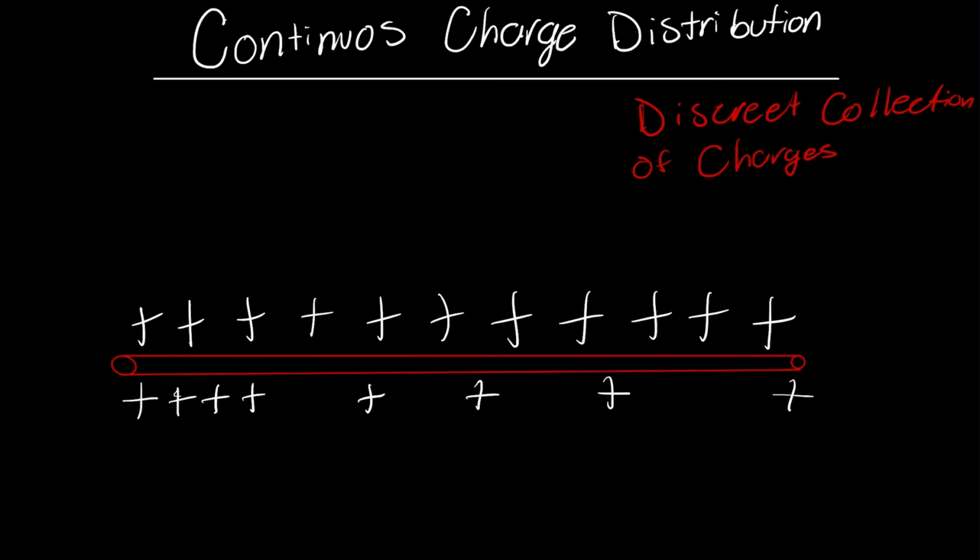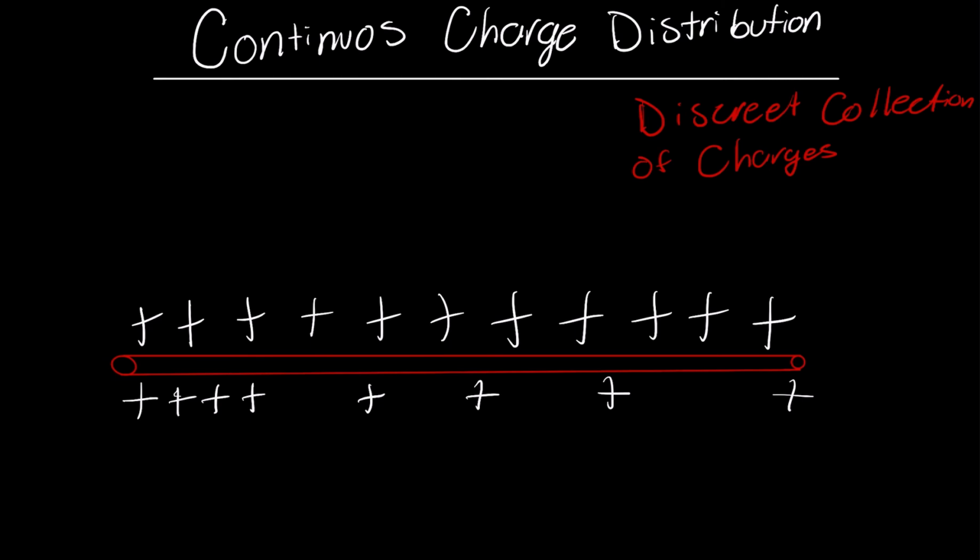Now, what this would mean is that there is more of a charge crowded towards this area over here, okay, than there is here. Now, this doesn't mean that there isn't any charge here. This is just a representation of where the crowd is heading. But the entire wire is still positively charged, okay?